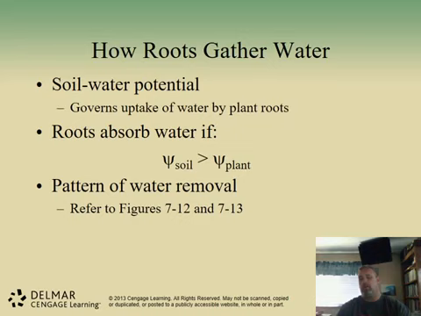When roots are gathering water, it also is affected by soil water potential, and we talked about capillary action. Capillary action is very similar to soil water potential in the fact that it has to do with high and low potential. To think about this, imagine a very wet, full-of-water sponge placed in a bucket of water.